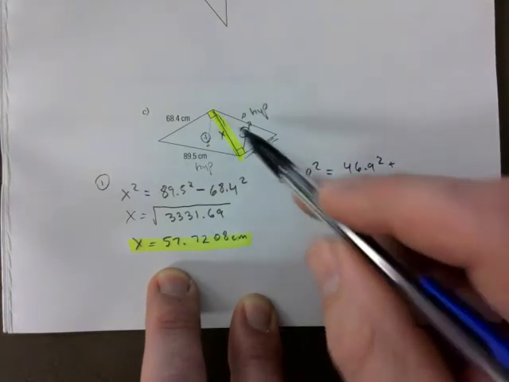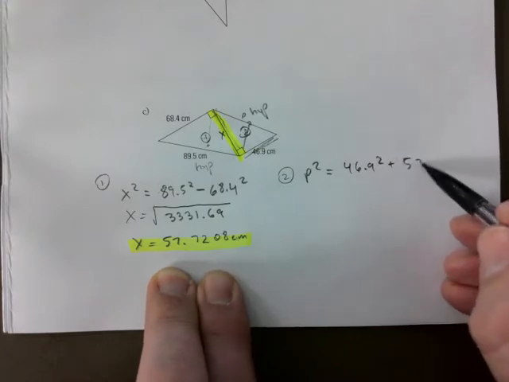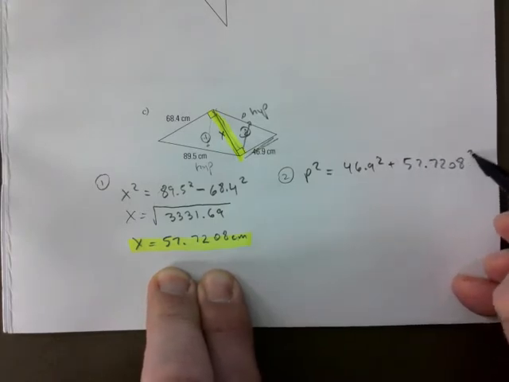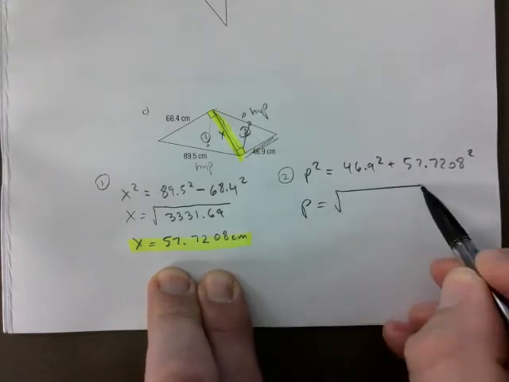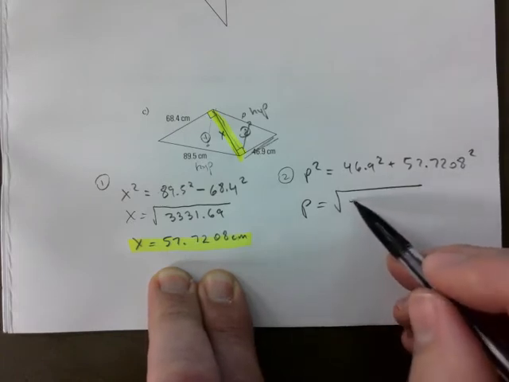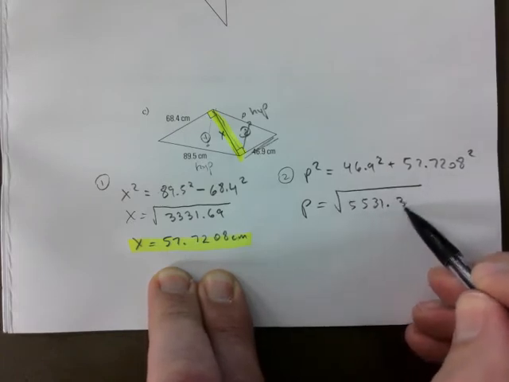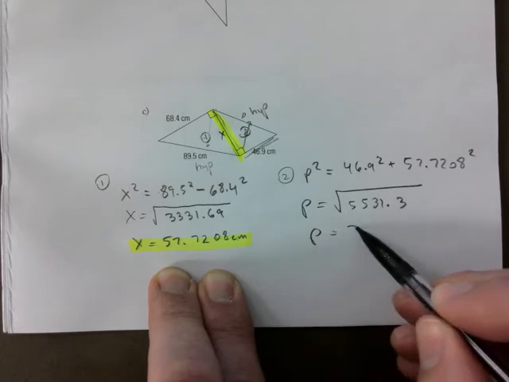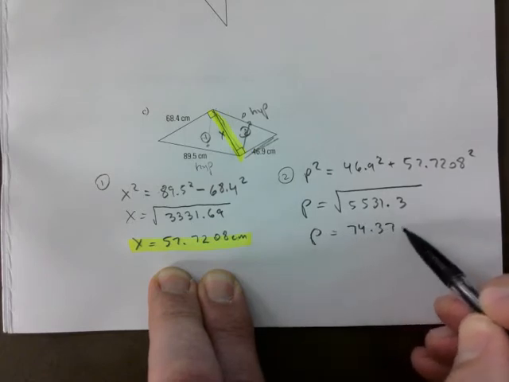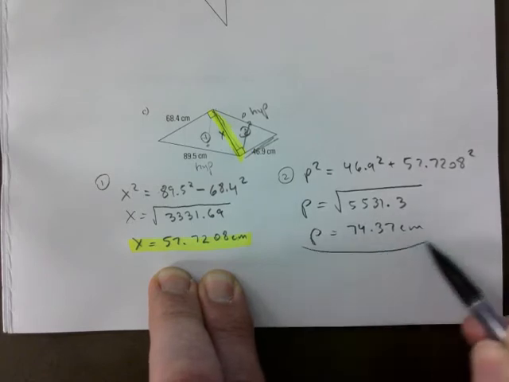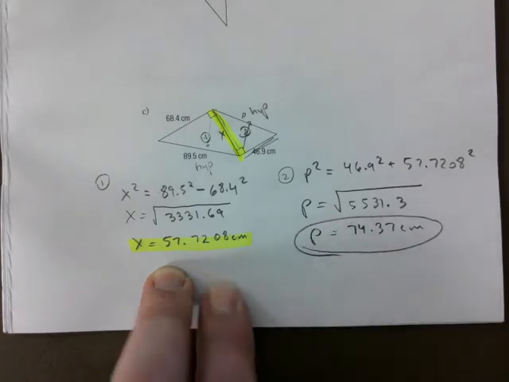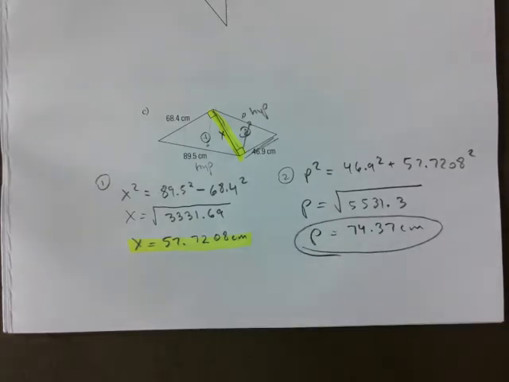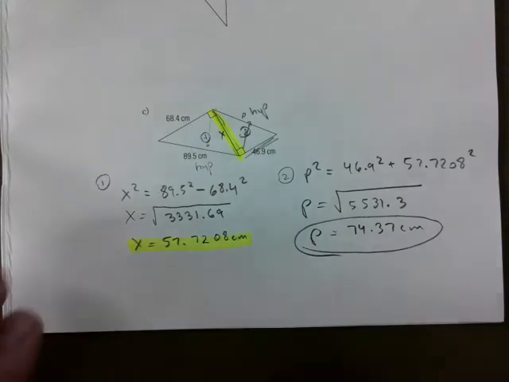This is one of the legs, and this leg squared as well. So P is going to be the square root of 5531.3, and that is 74.37. This is my final answer. This is what they actually wanted, so I circle that.